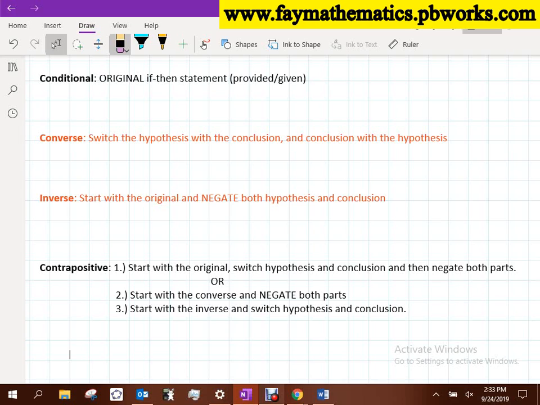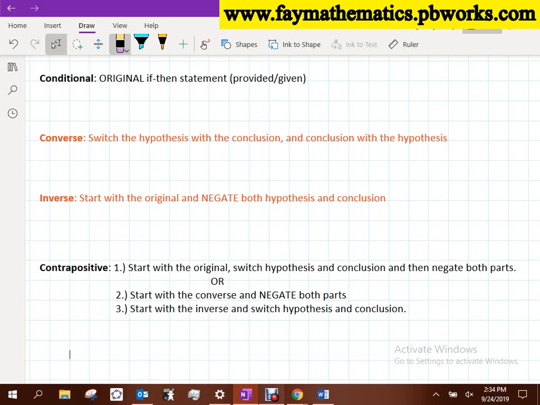The original if-then statement is what we're going to call our conditional. That's the one that's provided, the one that's given. It's the homework question, the test question, or whatever. Now, these other statements underneath it, the converse, the inverse, and the contrapositive, are also conditional statements because they are going to have the words if and then in them.